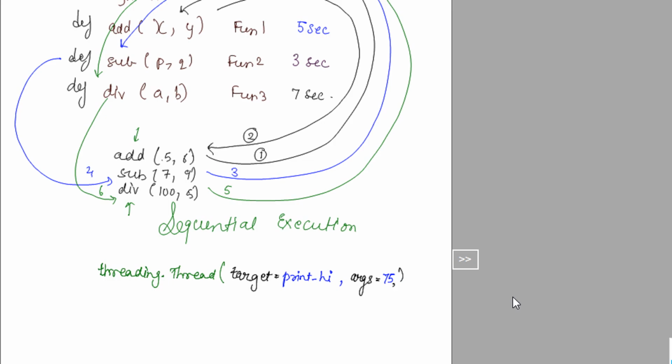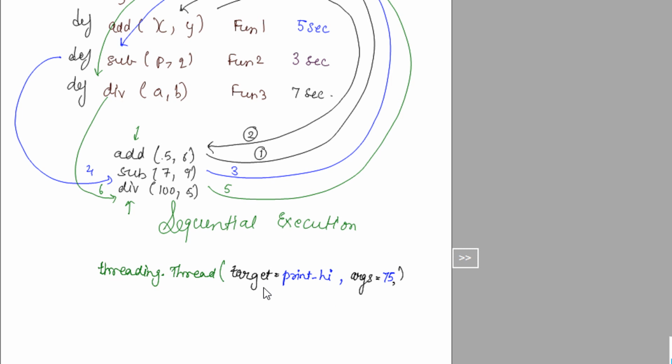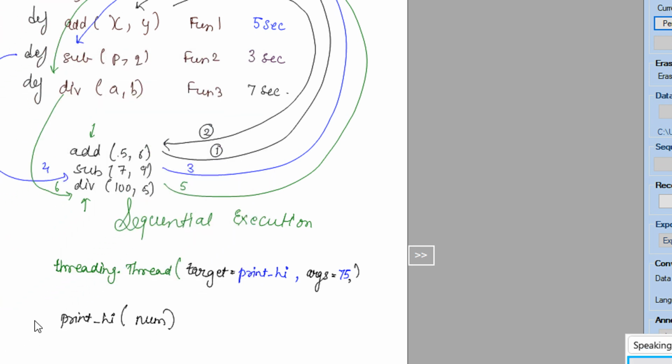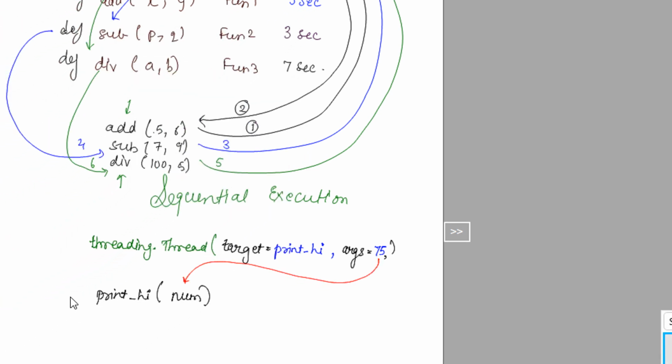So how does it happen? If I have the print function, print hi, and then I am passing on here a number. So now what happens is that this 75 gets copied to this num, and print hi is matched with this function.